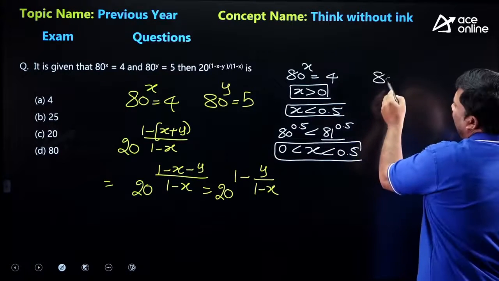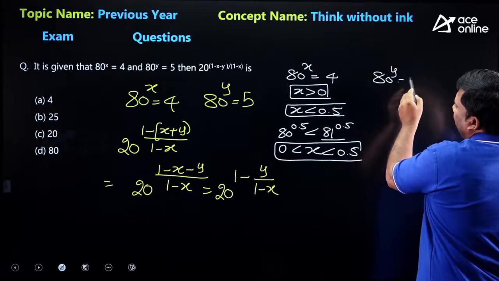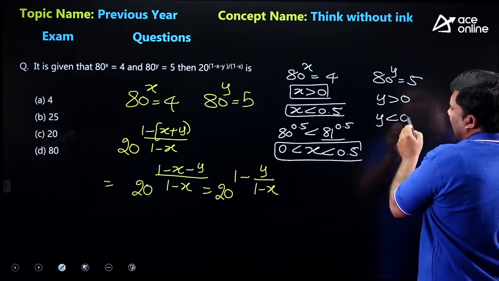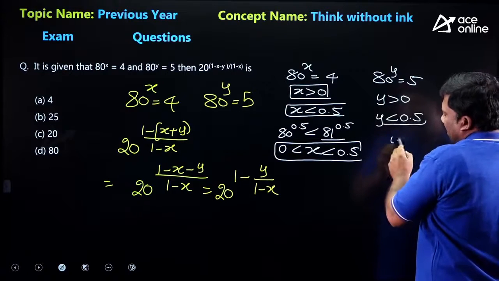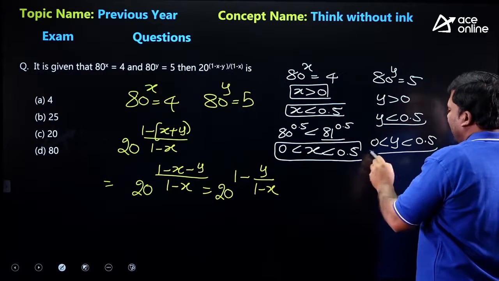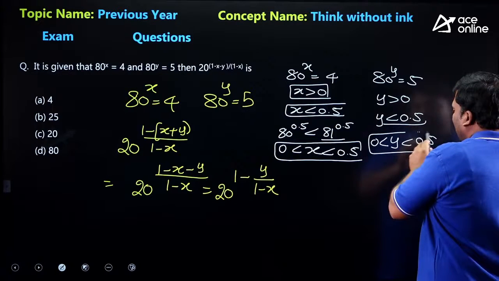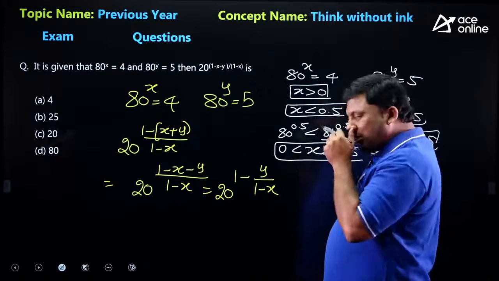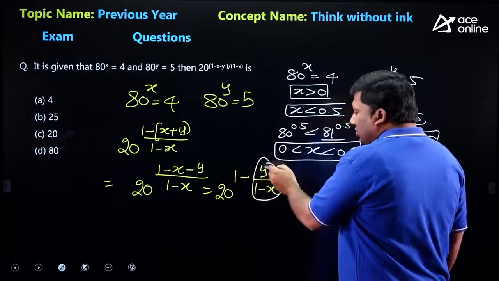Similarly, 80 power y is 5. y is greater than 0 and y is less than 0.5, so y should also range from 0 to 0.5. x is greater than 0, y is greater than 0. Both are positive.